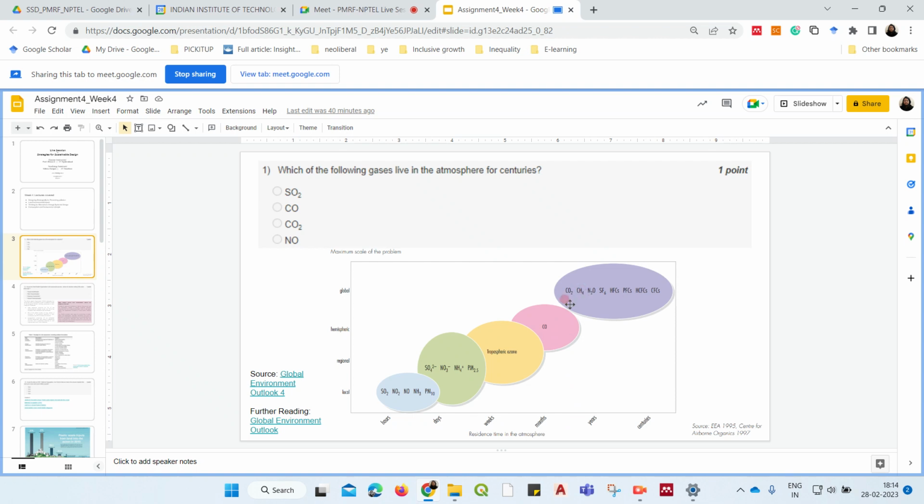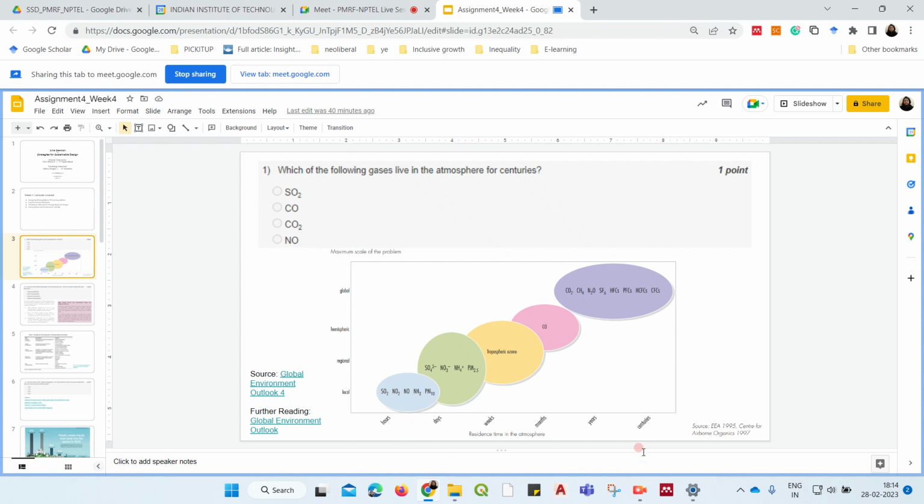Then there are gases like CO2, CH4, which is methane, N2O, SF6, HFCs, and chlorofluorocarbons, CFCs. These are highly stable gases, and they can survive in the atmosphere from years to even centuries.